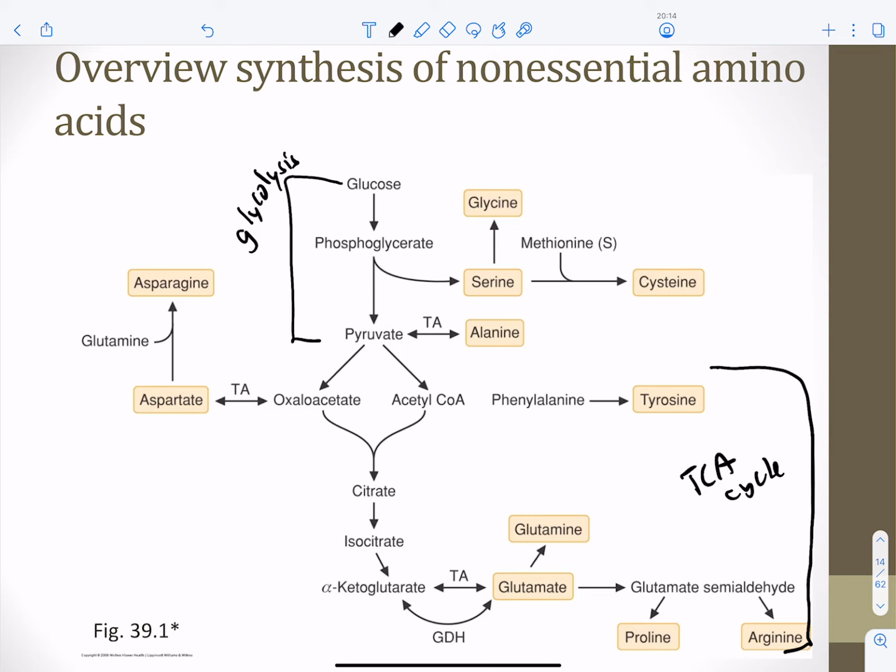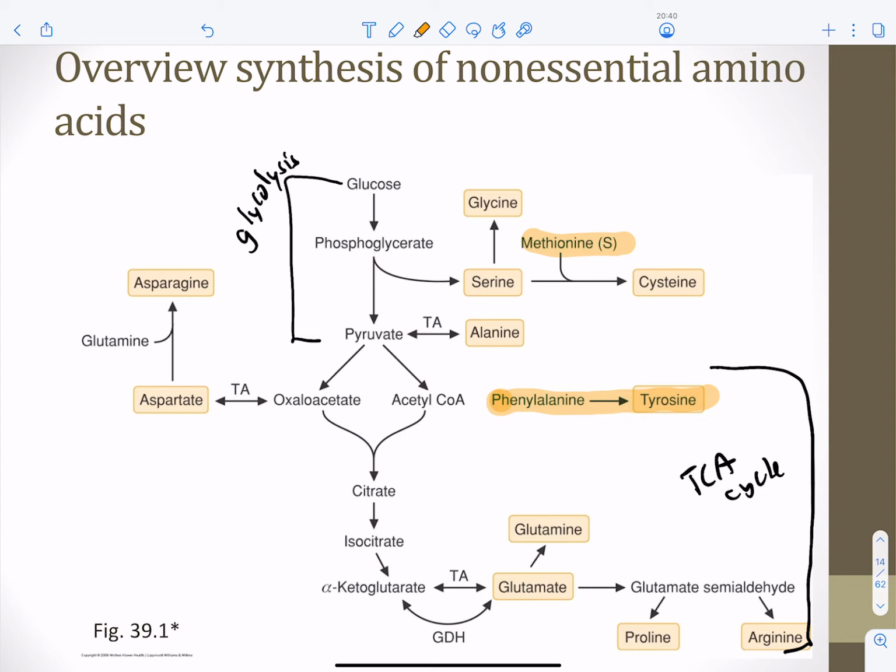The same with our TCA cycle intermediates. If you're going to make your glutamine, glutamate, proline, arginine, aspartate, asparagine, and break them down, they usually go back into TCA cycle intermediates. Phenylalanine to tyrosine is, of course, unique because that's an essential amino acid. And then, of course, methionine here is going to provide the sulfur for cysteine.